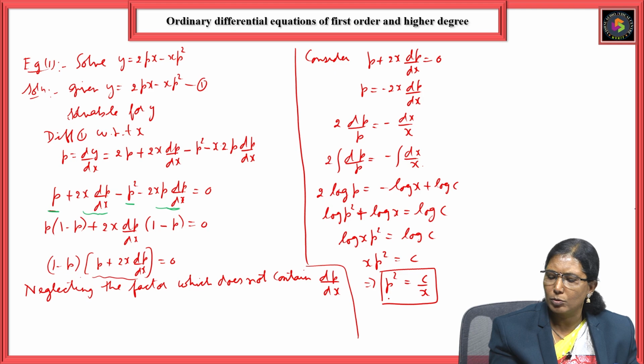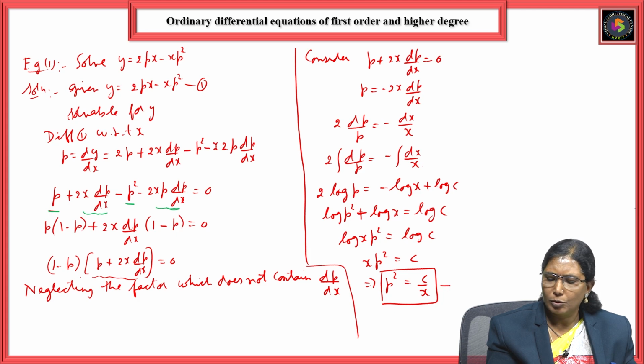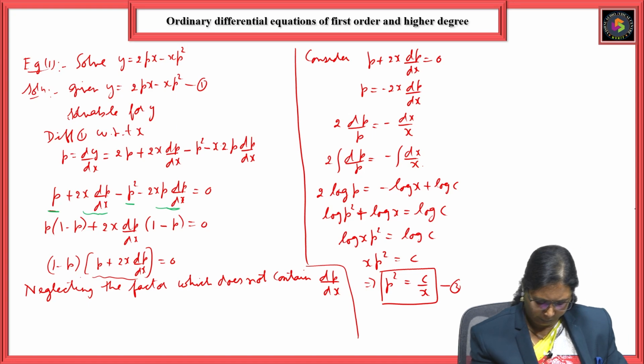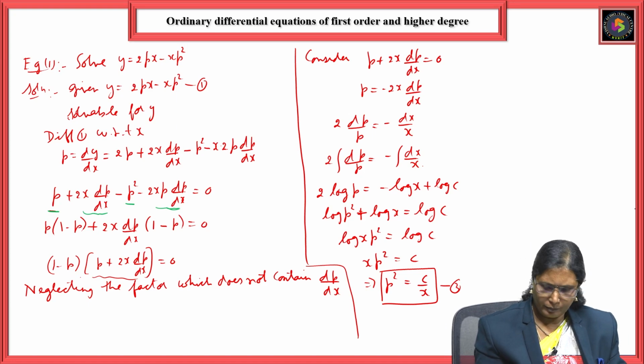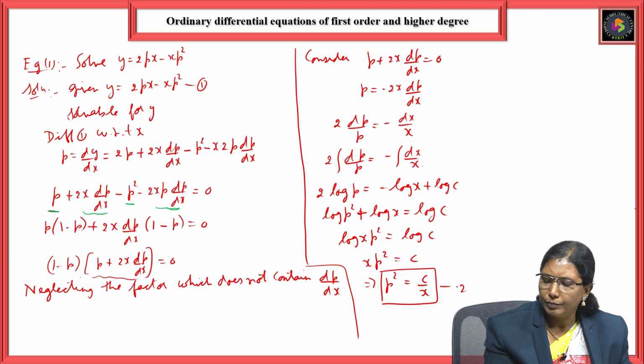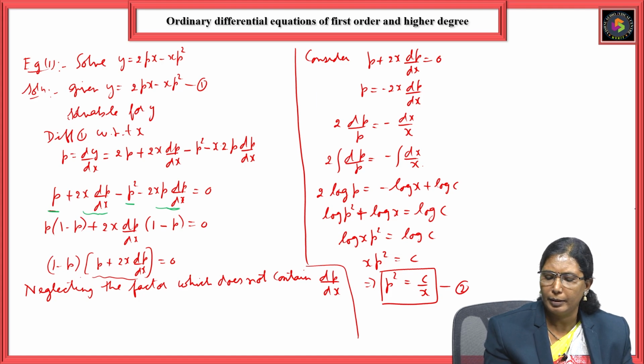We have got this equation as 3. Now let us take equation 1 as equation 1 and the earlier one as 2. Now from equations 1 and 2 we should eliminate p.